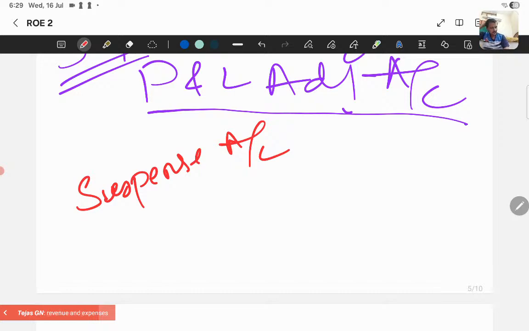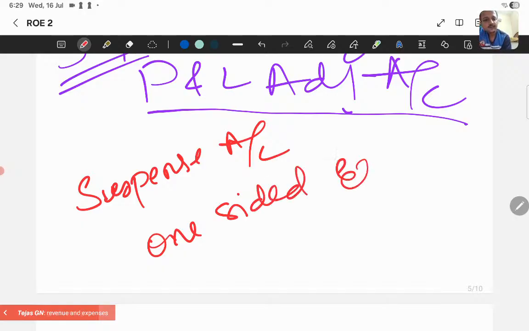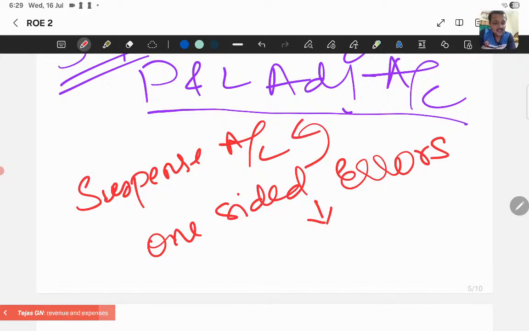Okay, which account? Suspense account. What is suspense account? When there are one-sided errors, in order to continue the accounting process, the effect of these errors on the trial balance, where either the debit or the credit will be short, that side will be replaced with this suspense account, and this suspense account only appears when there are one-sided errors.